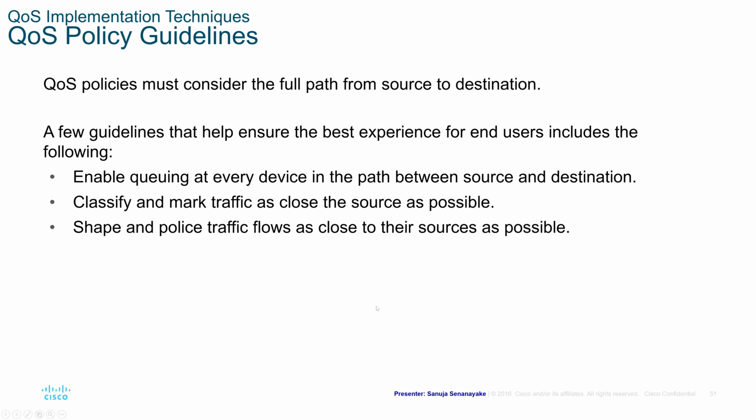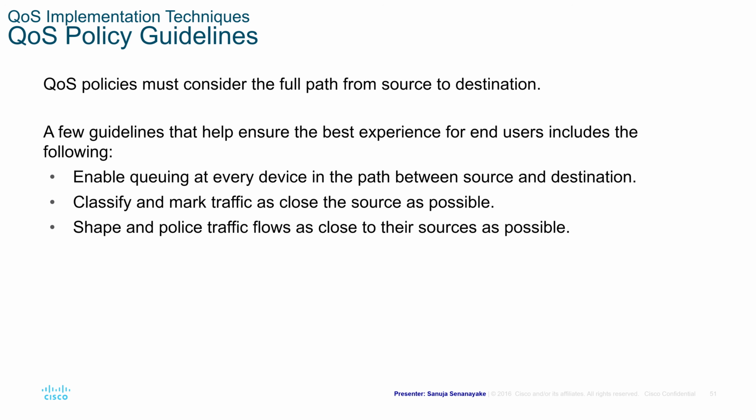So what are some QoS policy guidelines? QoS policies must consider the full path from source to destination. If you have two devices communicating with each other, or you are trying to reach a server, even outside of your network or within your network, whatever policy you are applying, you must consider the full path from the user to the destination and from the destination back to the user.